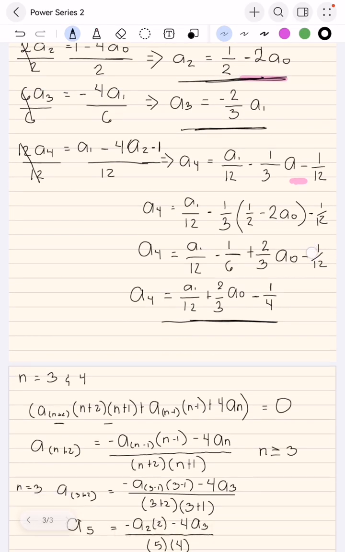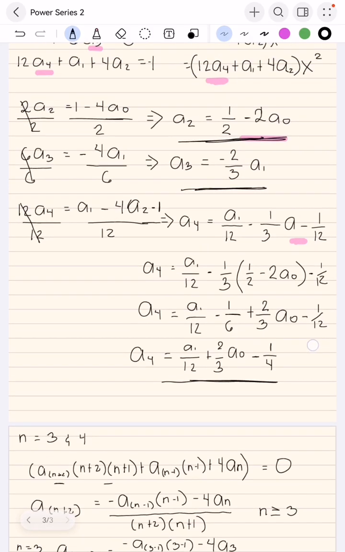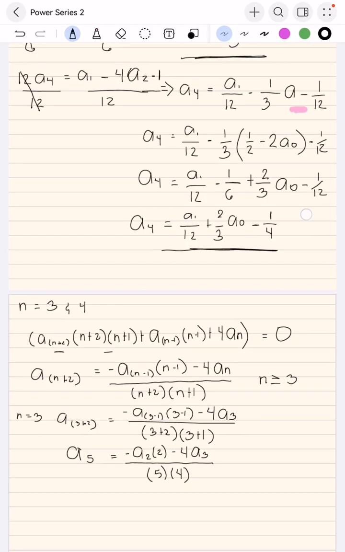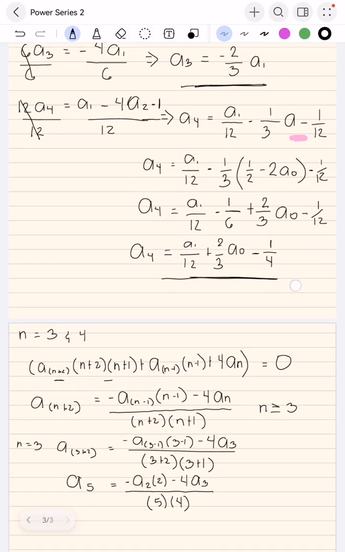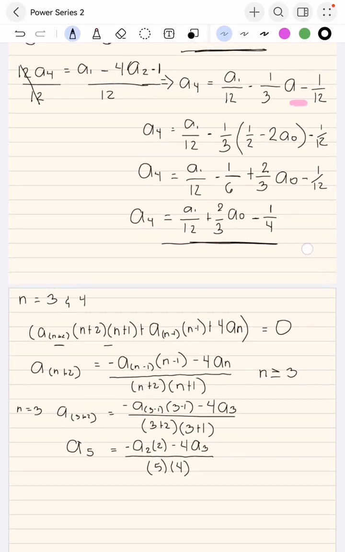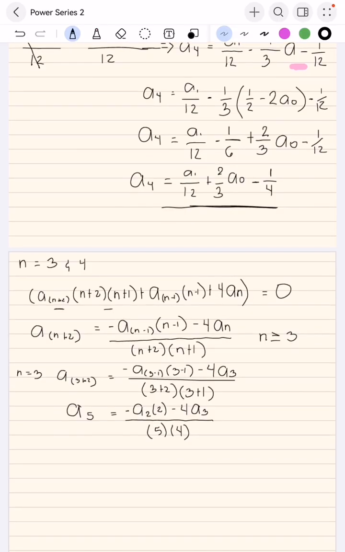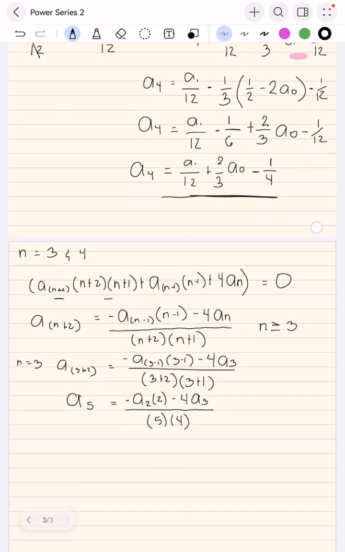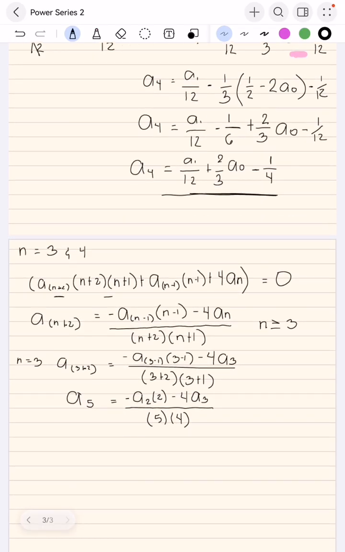Now we know that a1 and a3. So actually we can still transform this into something.